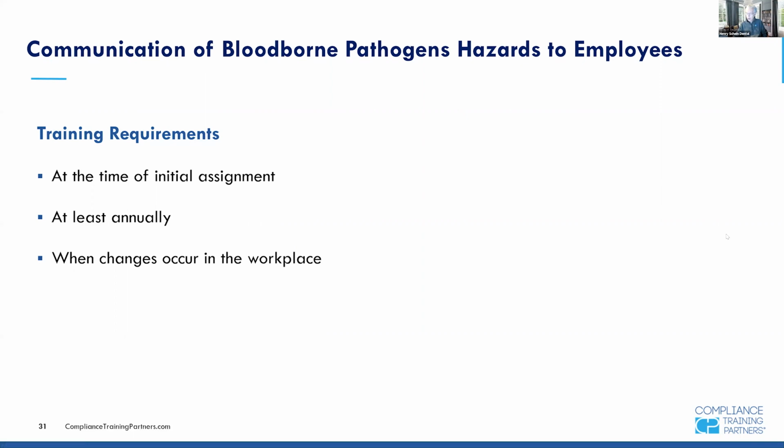A question I have for you: how many of you do OSHA annual training as part of your onboarding process, say for new employees, where right on day one, before they start, they're receiving OSHA infection control training? Looks like that's good. It looks like about 70% of you are doing that.